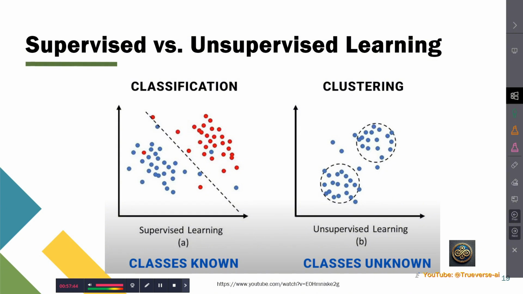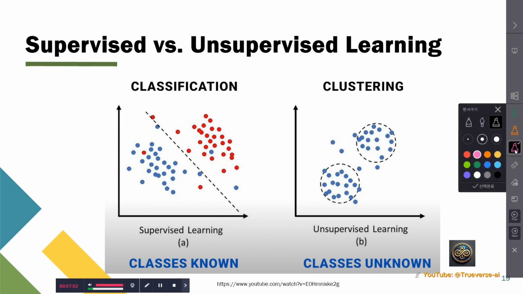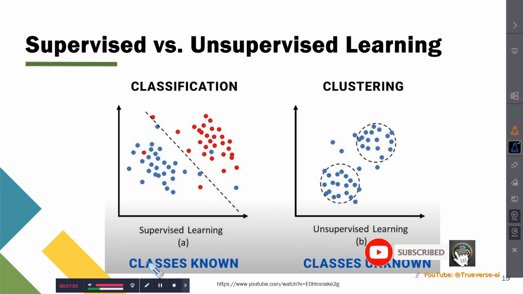But I try to teach you many things in a very professional way in a short time. So here, supervised learning means classes you know, and unsupervised means classes you don't know. So that's why they call it classification and cluster. Maybe some of you say cluster and class have the same meaning. Since they make international wording, they use different keywords, but all of them have the same meaning. They want to unify it.